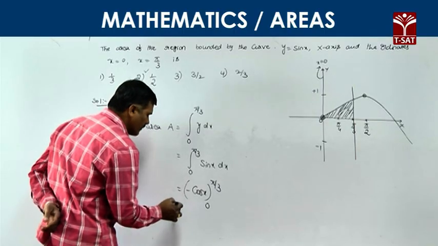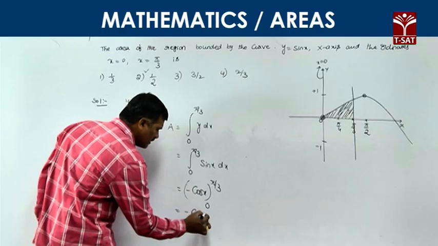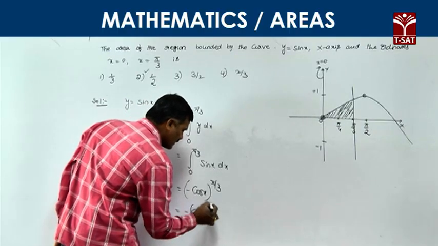Now applying upper limit minus lower limit: minus cos pi by 3, minus lower limit cos 0.